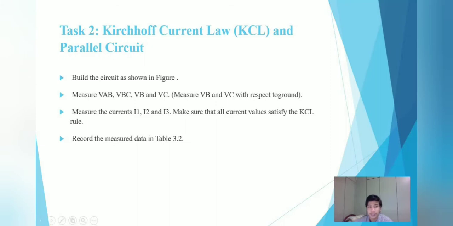The next task is Kirchhoff current law and parallel circuit. First of all, build the circuit as shown in Figure 4 in the lab sheet. Second, measure voltage AB, DC, B and C. Measure voltage B and C with respect to ground.